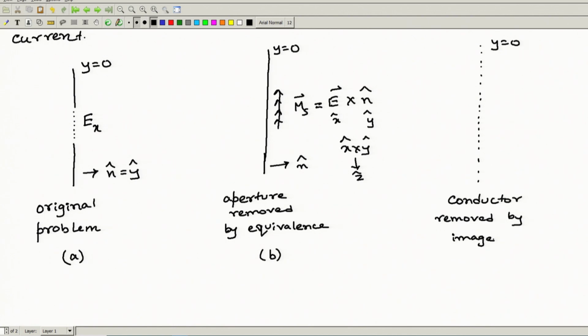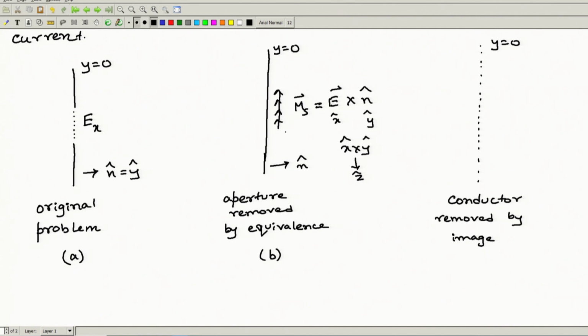Now while we have removed the aperture and placed the magnetic current over there, what happens is that in the vicinity of the ground plane there is a magnetic source. In the vicinity of the ground plane we have the magnetic source.